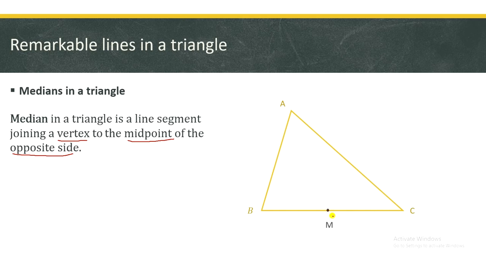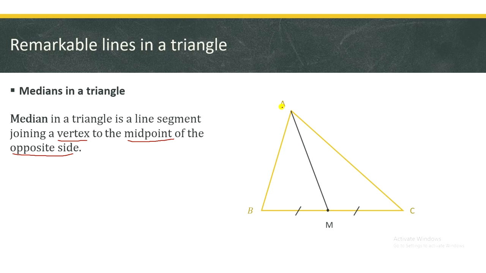So M is the midpoint of BC at 4 cm. MB equals MC because M is the midpoint. Then join the vertex A to the midpoint of its opposite side. So join A with M. AM is the median, the first median in triangle ABC.